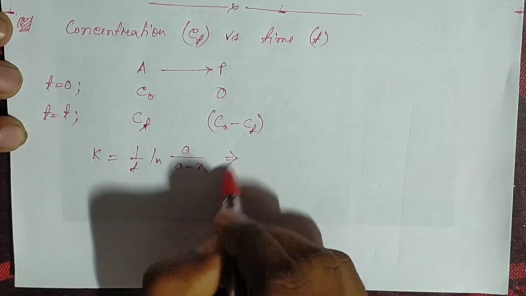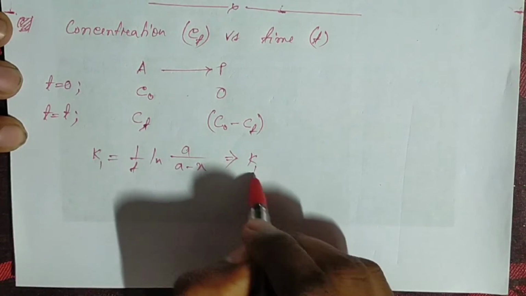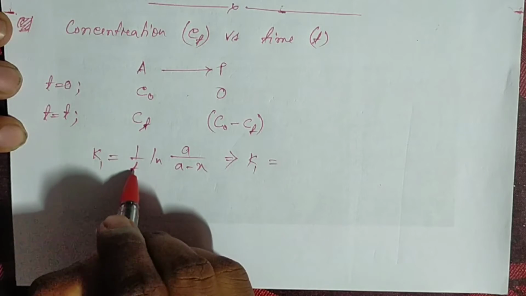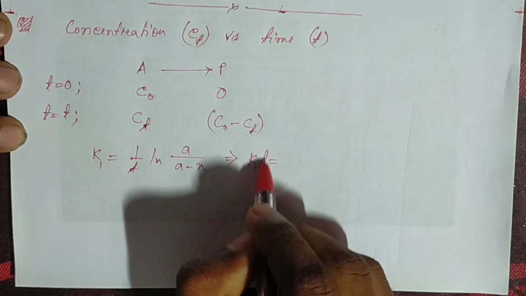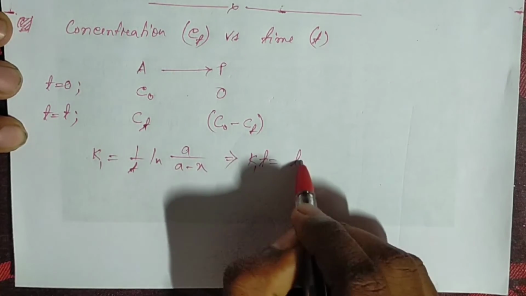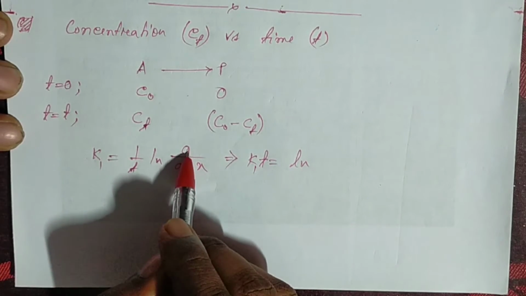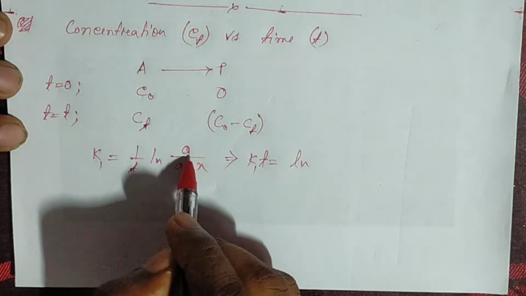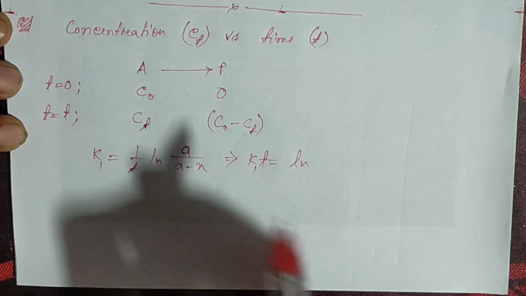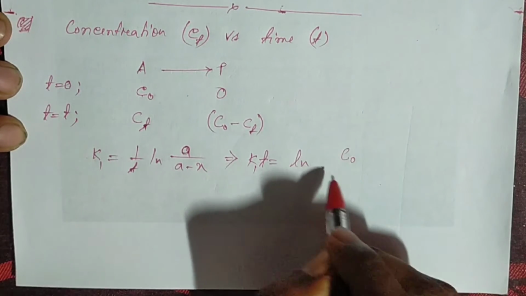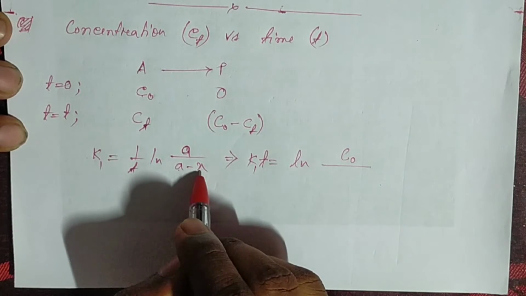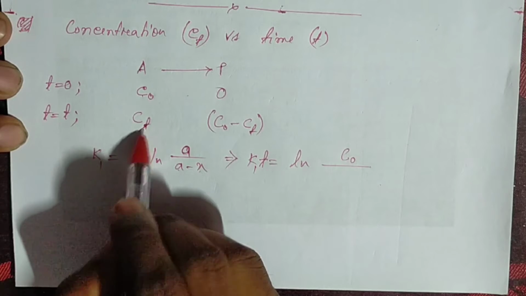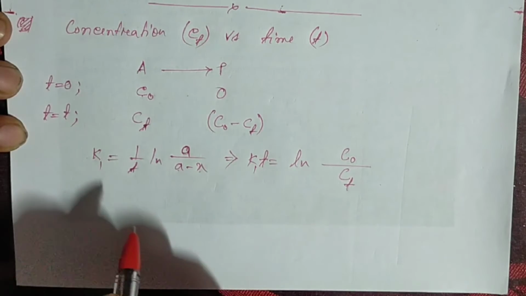So here we can bring this t here, so it will be k1t equals ln. Here a is c naught, the initial amount of reactant, and a minus x, that means the remaining part of reactant, is Ct.